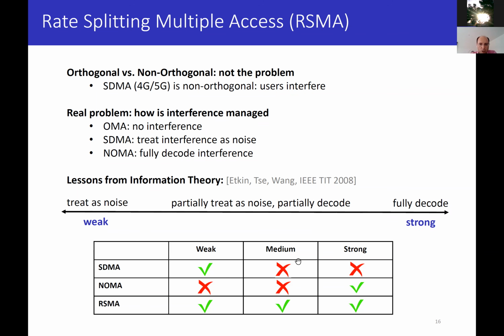On the other hand, NOMA will probably work better if the interference is strong, but not so much if the interference is weak or medium. RSMA, on the other hand, will partially treat interference as noise and partially decode it, so it will bridge those two extremes of interference and will be able to flexibly manage the interference according to the interference level.